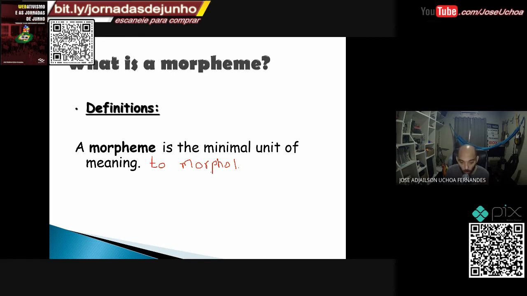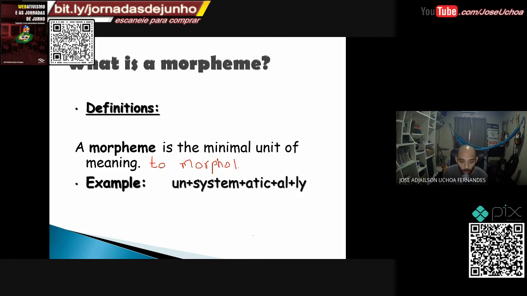Un is not a word in English, but unimportant is not the same as important. So un produces a change when it's moved in a word, when it's put together as a prefix. So it is meaningful because it changes meaning.